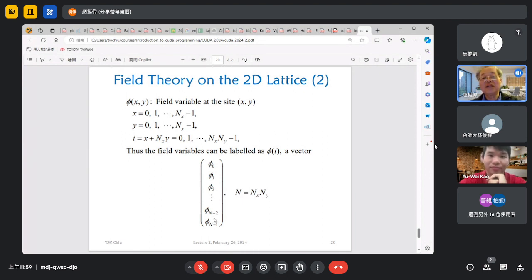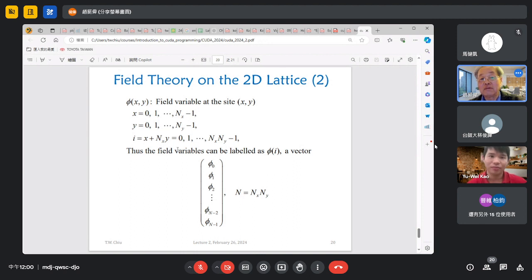No matter how high the dimension, you can always do the same thing. Even if you have X, Y, and Z, you can just generalize this easily: X plus NX times Y, plus NX times NY times Z.